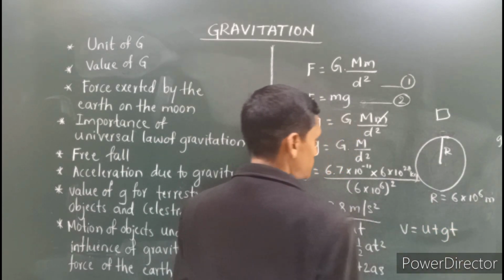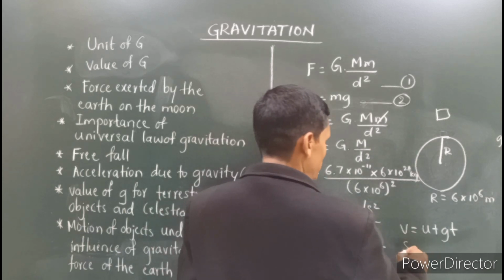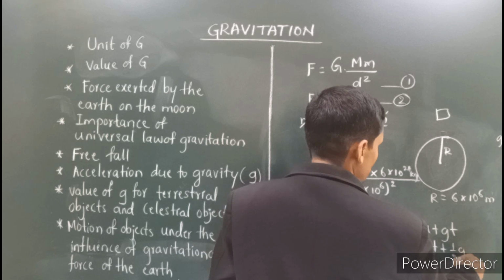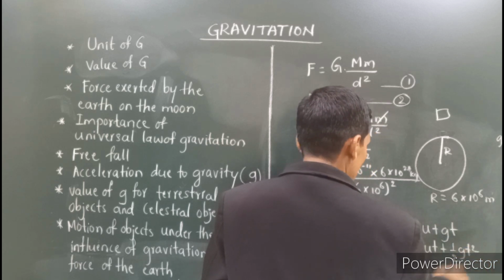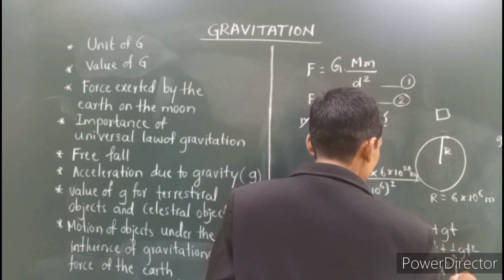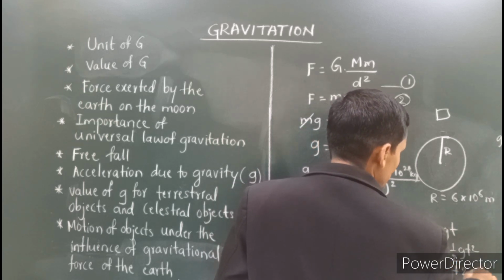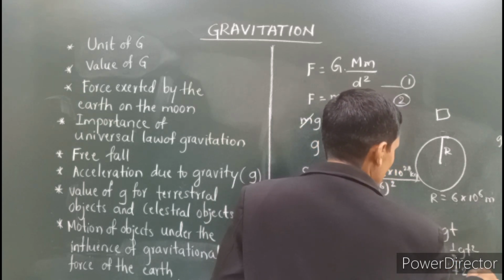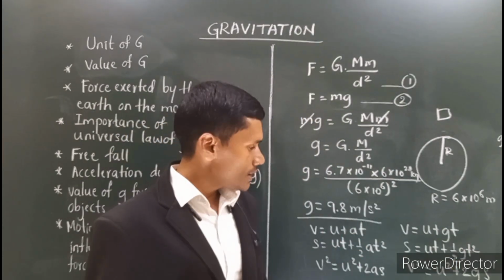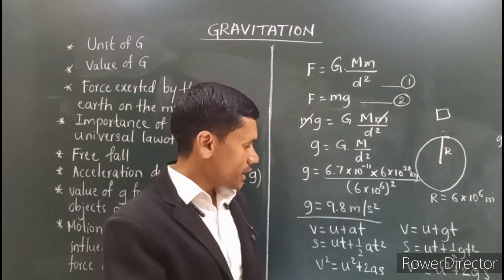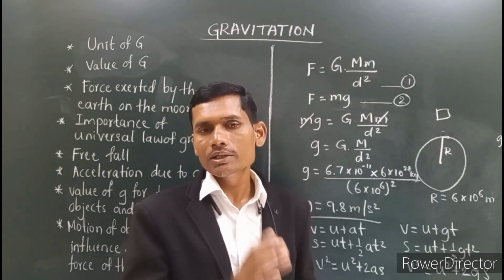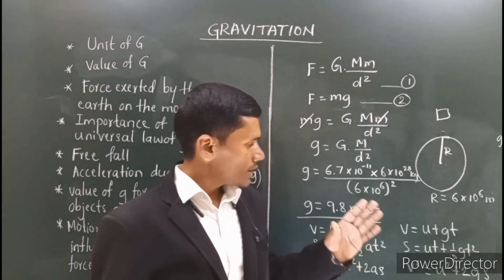Next, s will be ut plus half gt square, and the last one, v square is equal to u square plus 2gs. Wherever a is there, we can substitute g. This is how we can modify the equations of motion when the objects are moving only under the influence of gravitational force of attraction.